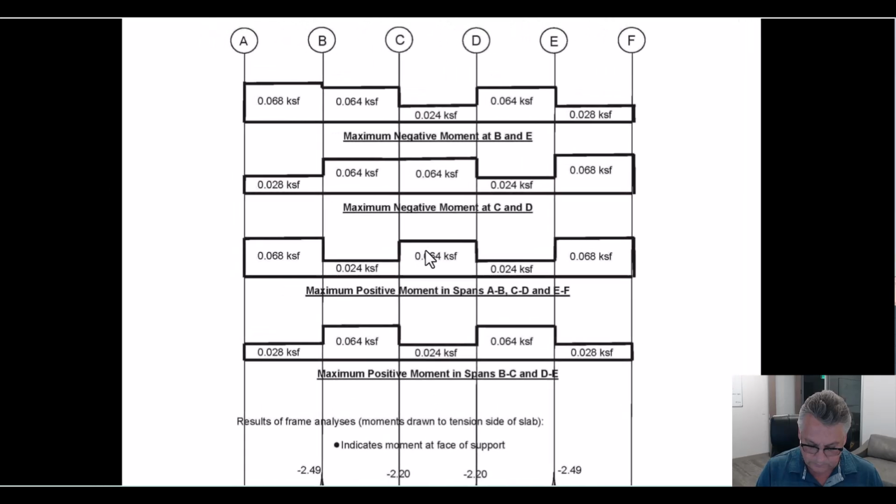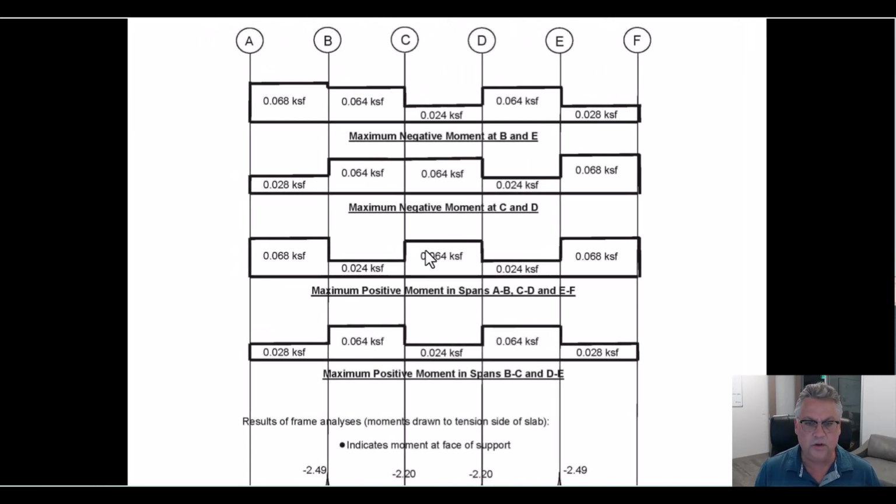But to get the worst negative moment, so the worst moment, tension on top at B and E, we need to pattern the live load such that that happens. So we actually want maximum live load on each side of B. Then we take it off, then we put it on, then we take it off.